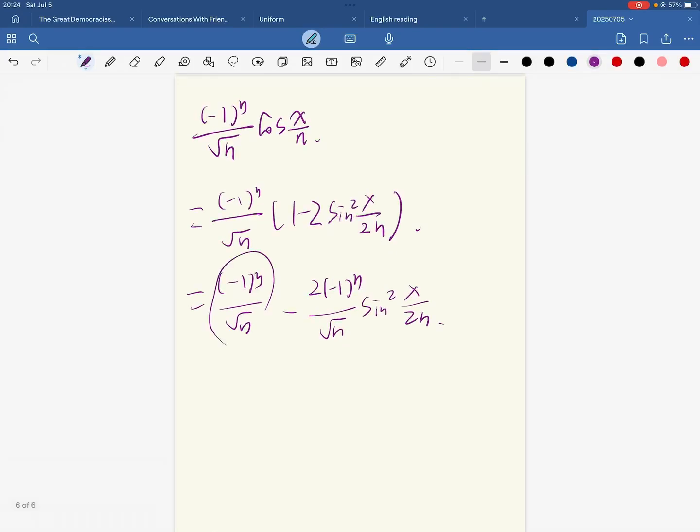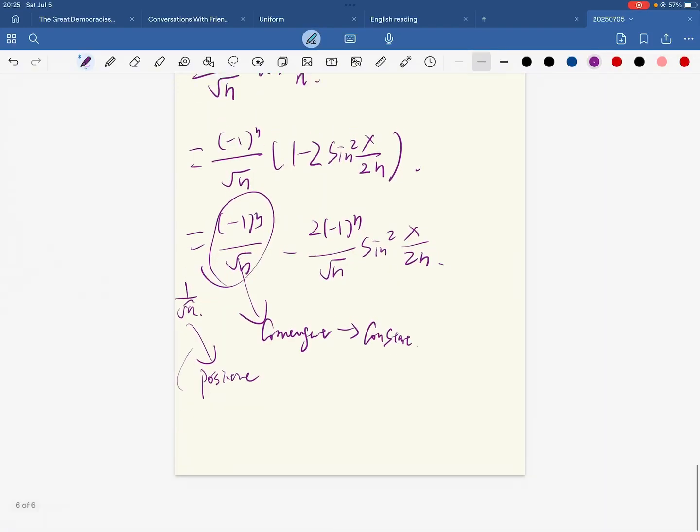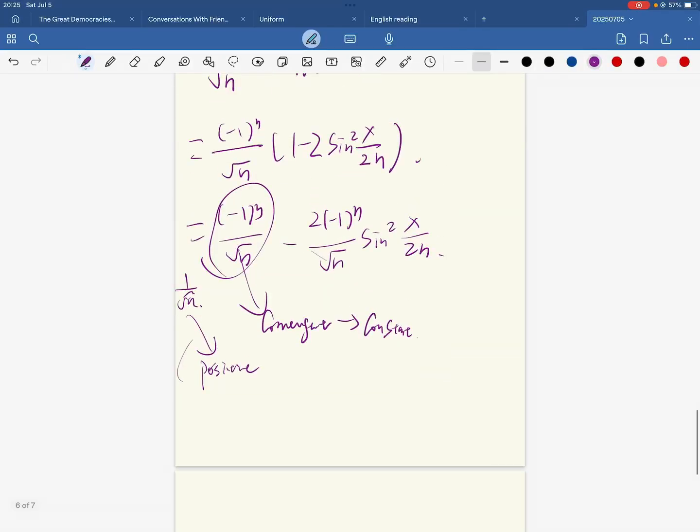And we know that this is convergent by again the alternating test or Dirichlet test, since it's always decreasing and always positive. So it's actually convergent to a constant, so we don't need to care about it. Now let's consider this term.